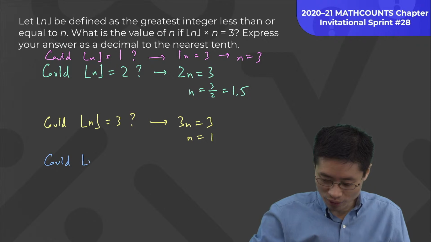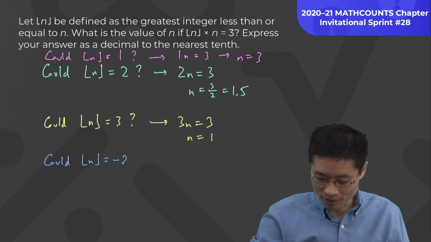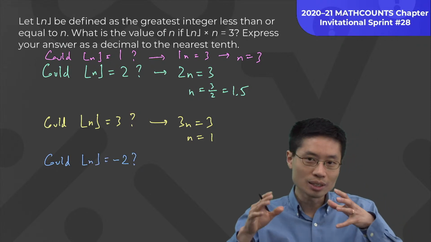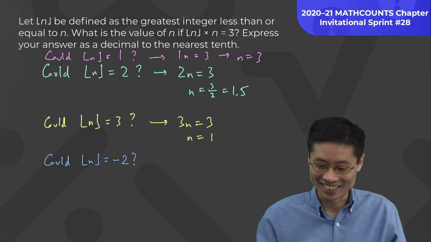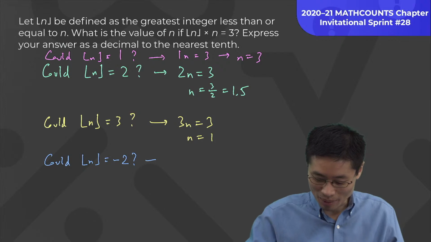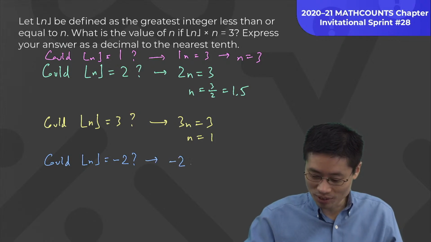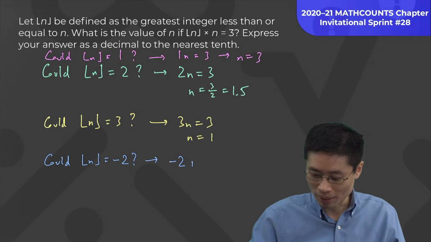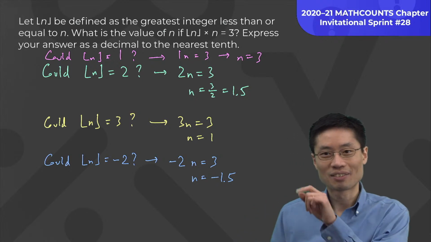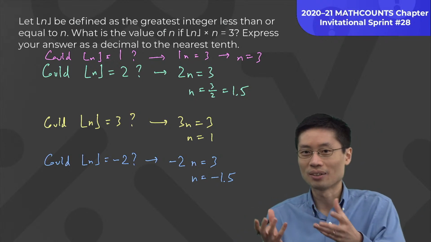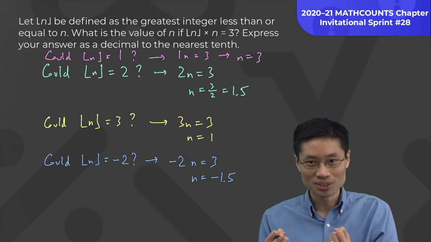Something tells me this feels like a sweet spot, okay? Could the floor of n be -2? Now, if you round something down and you get -2, it's -1 point something, okay? And that's making me happy because then I know that -2, that's the floor of n, multiplied by n is 3, n is equal to -1.5. Oh, look at that. If I take -1.5 and I round that down, I get -2.